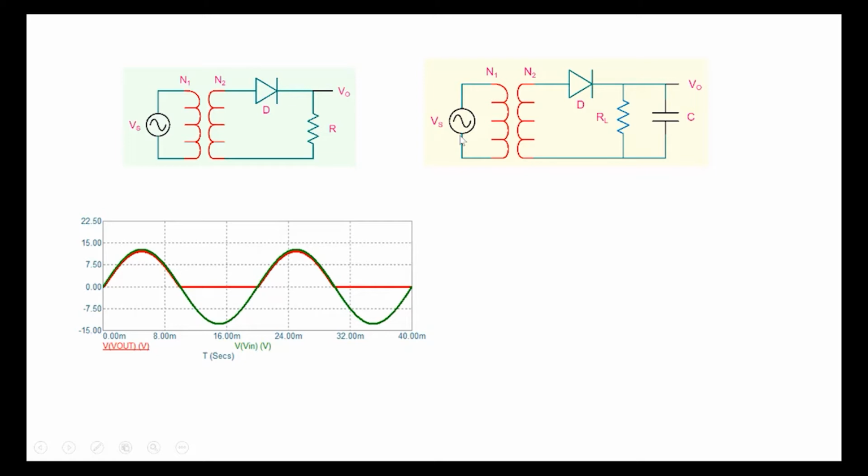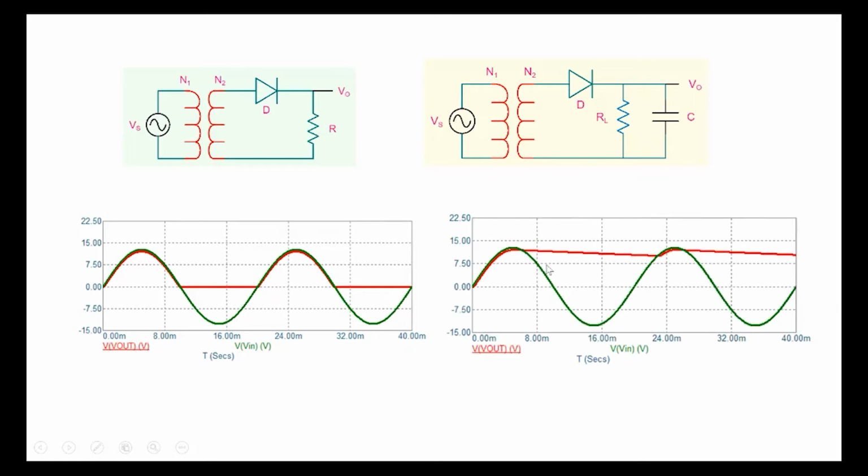And so let's see. So this is what happens here. So we connect a capacitor. This is in red is what is shown over here. So the capacitor, in the positive cycle, we've said the diode turns on, and V0 follows the input, and reaches close to the peak value with the difference of the diode voltage here.